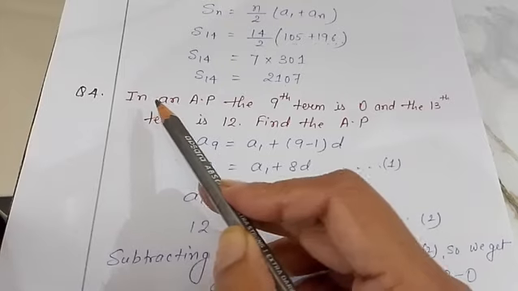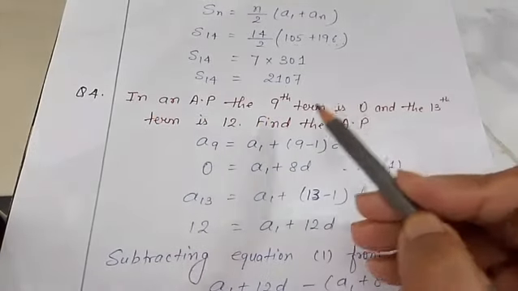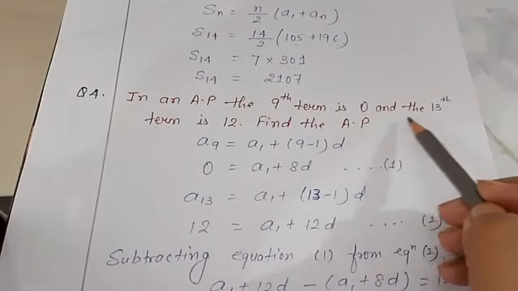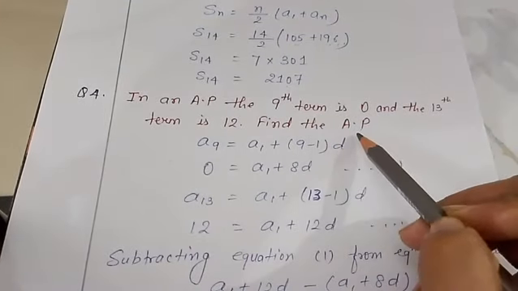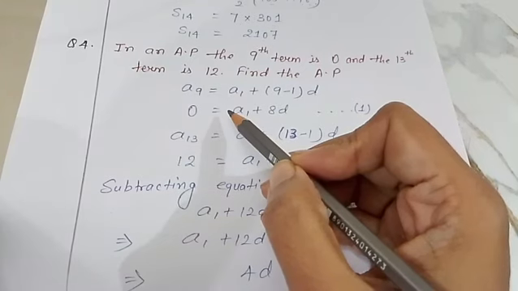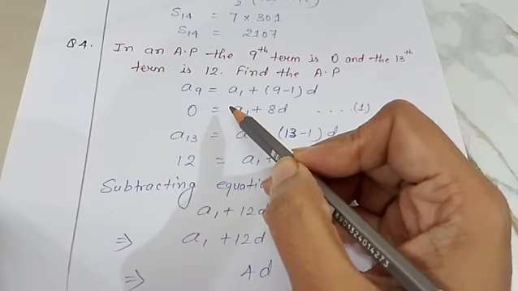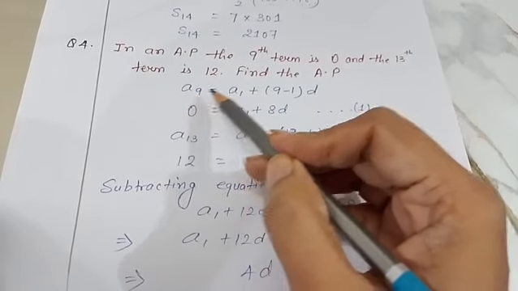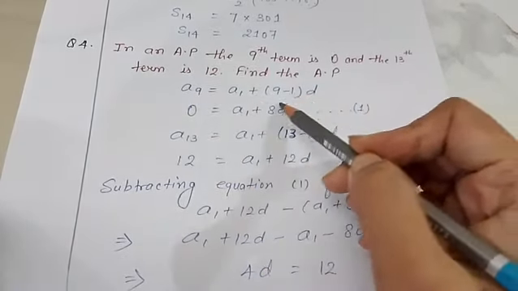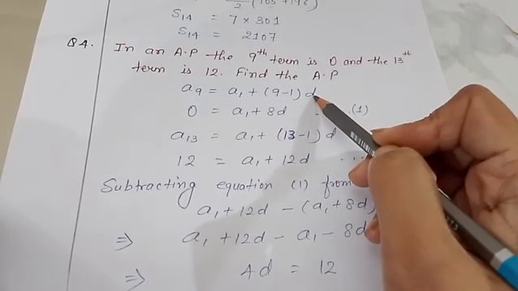Question number 4. In an AP, the 9th term is 0 and the 13th term is 12. Find the AP. Set up equations for the 9th and 13th terms. 9th term a9 is equal to a1 plus (9 minus 1) into d.